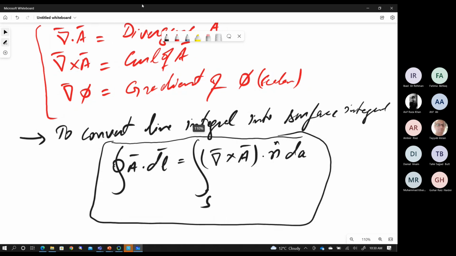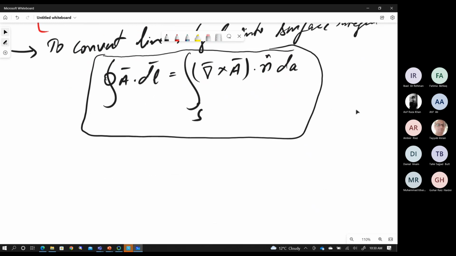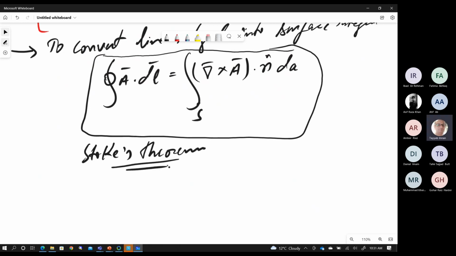And we call it Stokes theorem. ठीक है, तो ये आपका जो है ये स्टोक्स थ्योरम है. A is any vector, and if we want to convert line integral into the surface integral, we have to use this Stokes theorem.